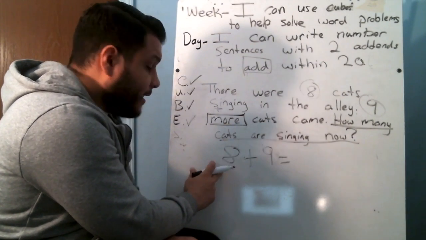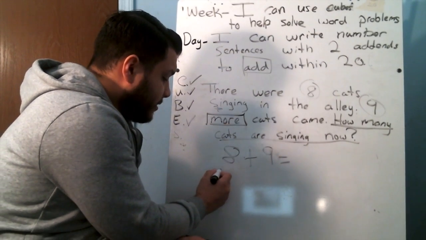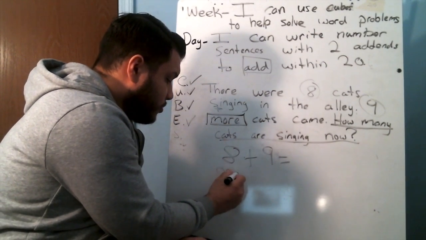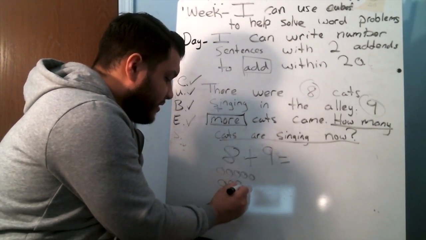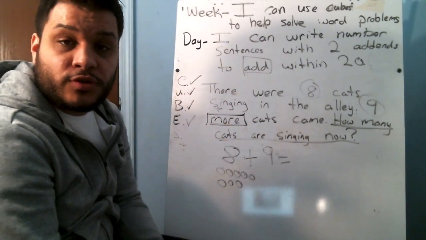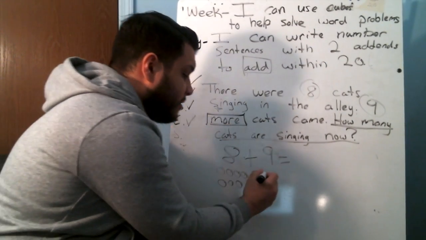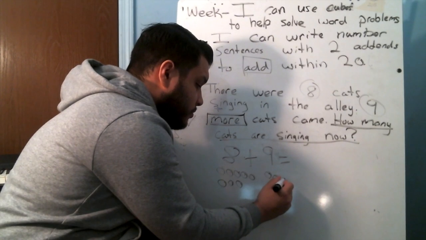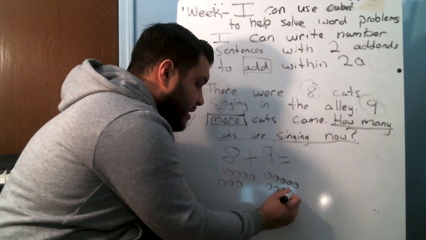How many counters am I going to draw first? If you said 8, kiss your brain. Let's count. 1, 2, 3, 4, 5, 6, 7, 8. How many will I draw here? If you said 9, kiss your brain. 1, 2, 3, 4, 5, 6, 7, 8, 9.